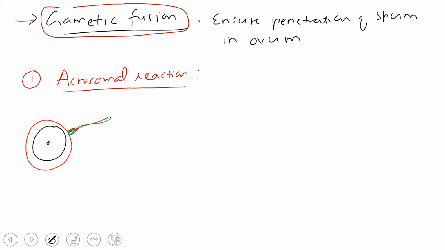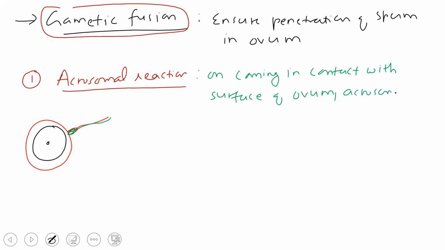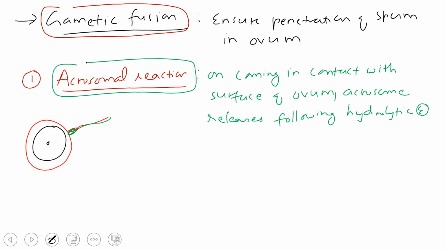When the sperm comes in contact with the surface of the ovum, the acrosome releases the following hydrolytic enzymes.